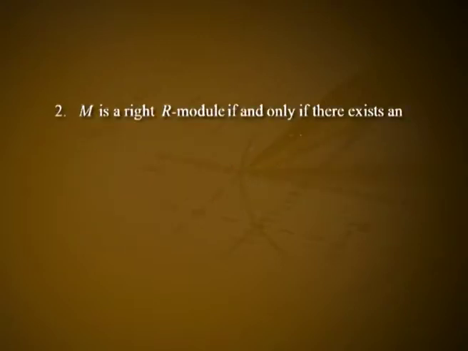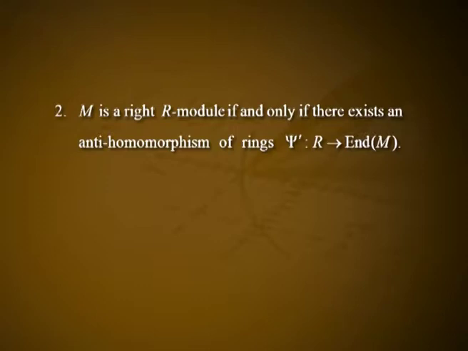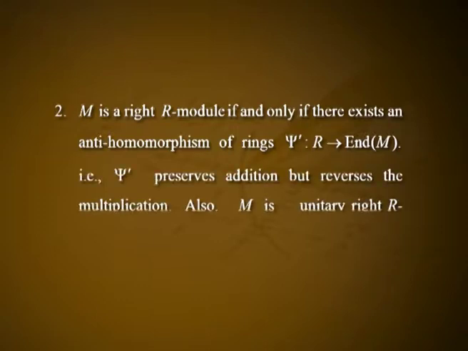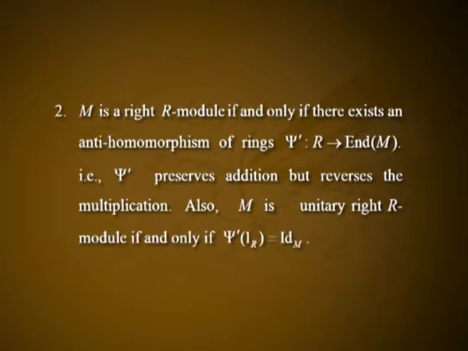M is a right R module if and only if there exists an anti-homomorphism of rings psi dash from R to End(M), that is, psi dash preserves addition but reverses the multiplication. Also, M is a unitary right R module if and only if psi dash of 1_R is equal to ID_M.